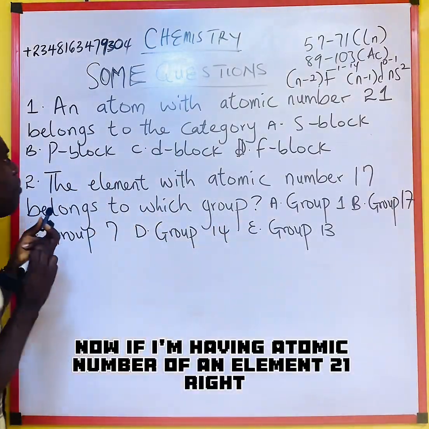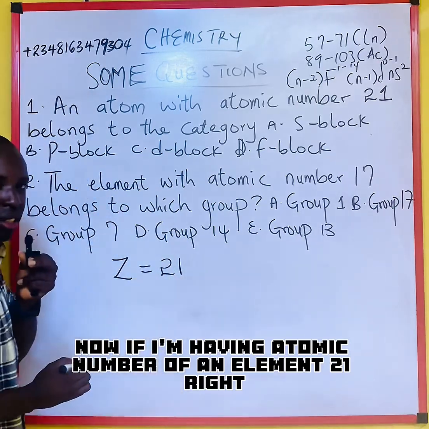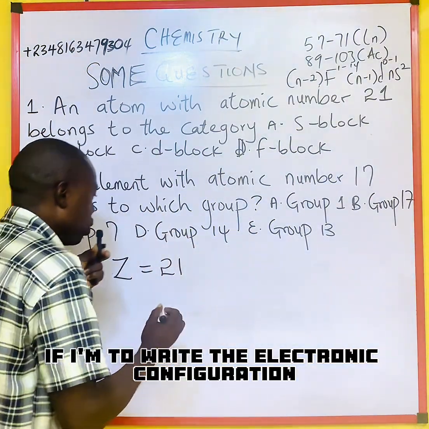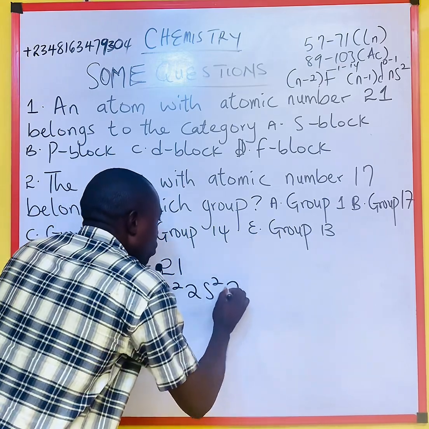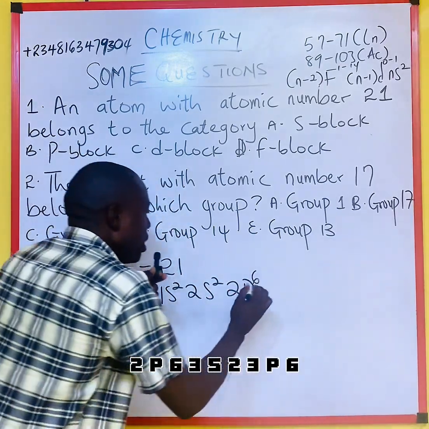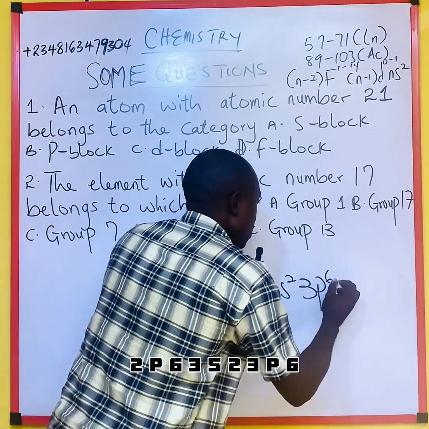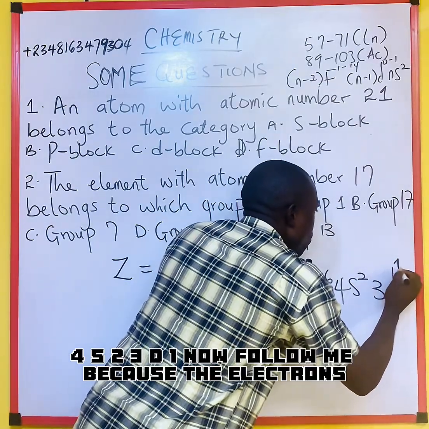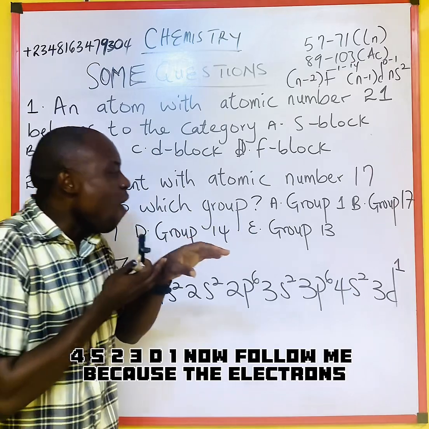If I have an element with atomic number 21 and I am to write the electronic configuration, it is 1s2, 2s2, 2p6, 3s2, 3p6, 4s2, 3d1.